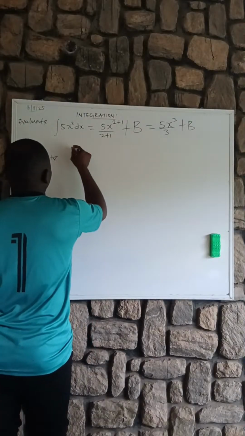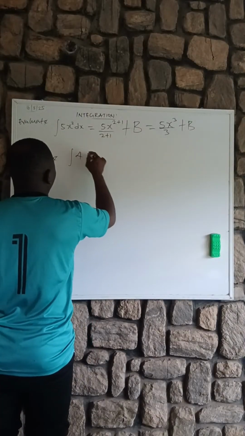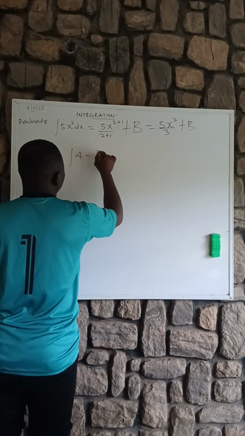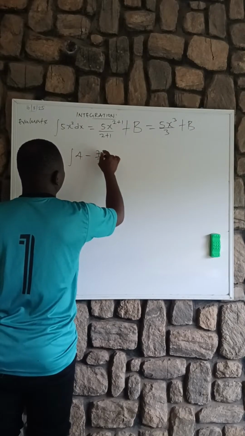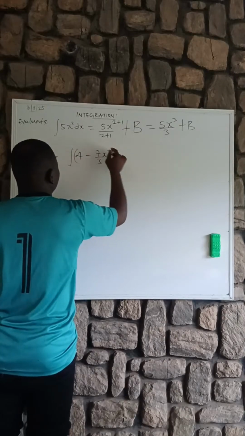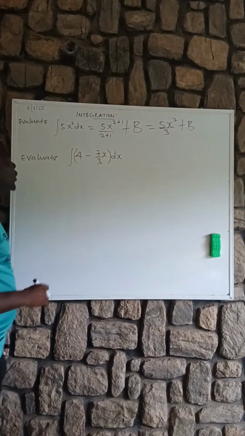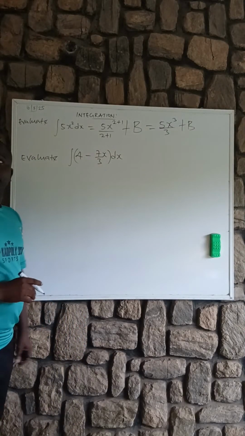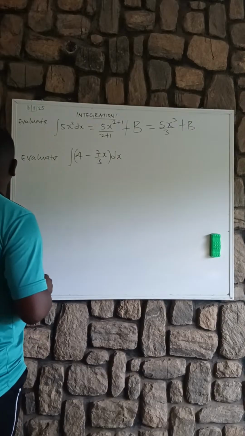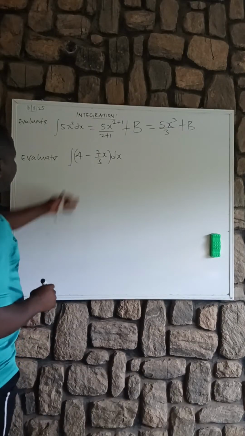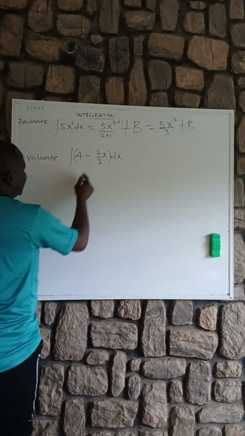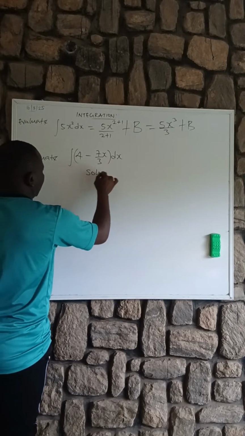Evaluate the integral of 4 minus 7x all over 3 dx. It is as simple as ABC. When you come across questions like this, everybody should look at the board.